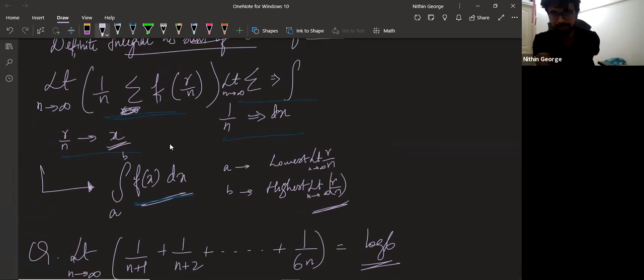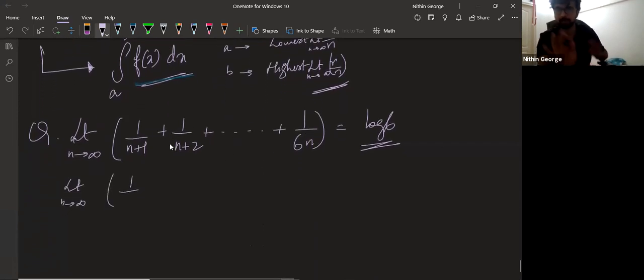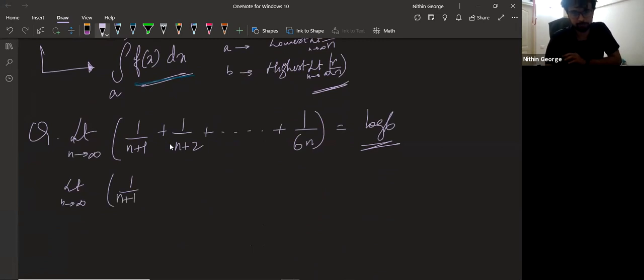Guys, with me till here? You need 1 by n outside the summation sign and you want to write it in sigma form as a function in r by n. So first, I will see what I have. n plus 1 is there. Second term is n plus 2, and it's tending to infinity. So this goes up till the last term, which is n plus 5n. We are trying to form a pattern here.